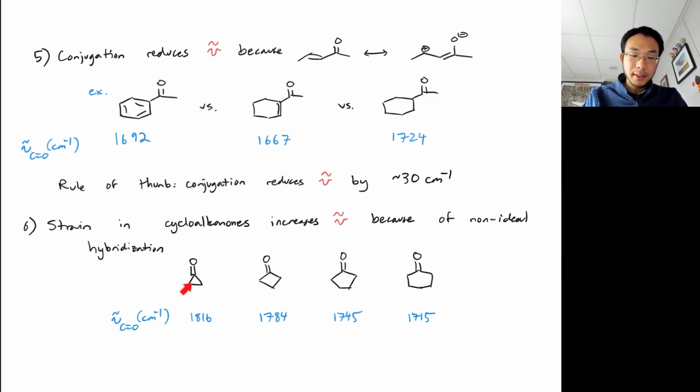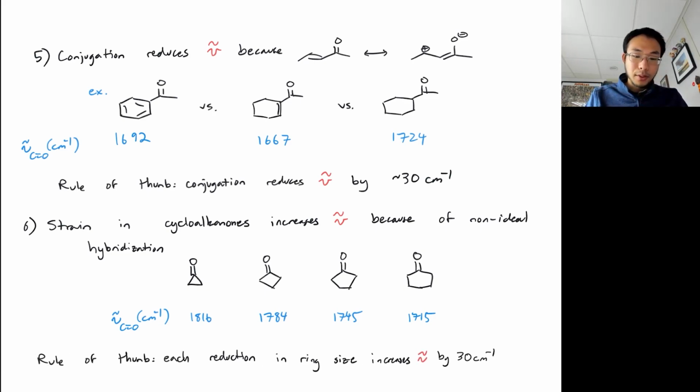To lengthen these bonds, we have to take p character and put it into these endo bonds, these endo bonds within the ring here. In making these bonds a little bit longer to help with that strain, we are forced to make the outer carbon-oxygen bond a little bit shorter. That increases the bond strength because we have a shorter distance between atoms. That then increases the stretching frequency.